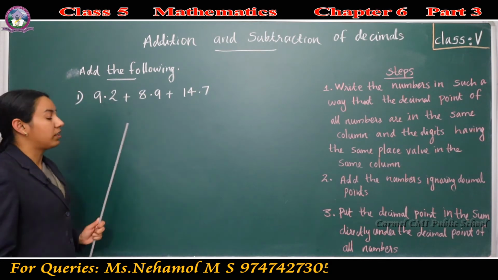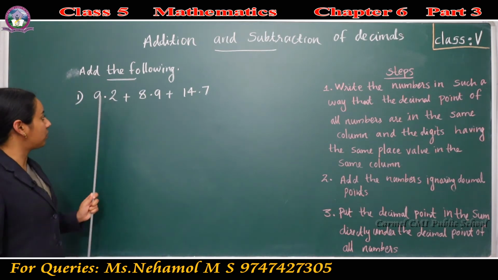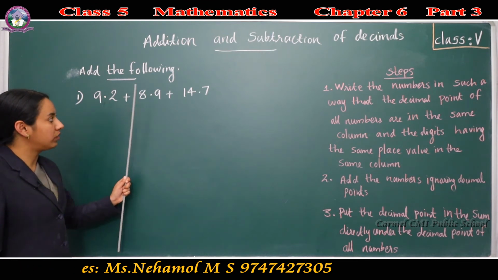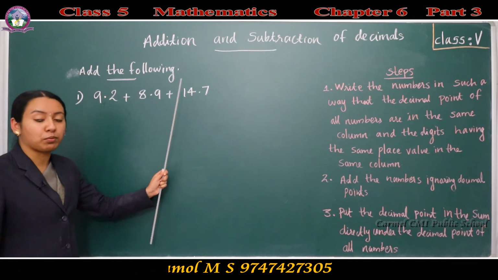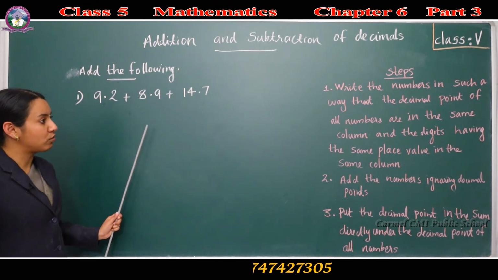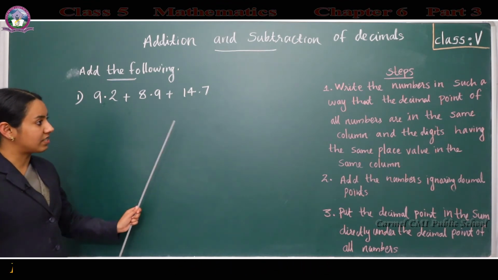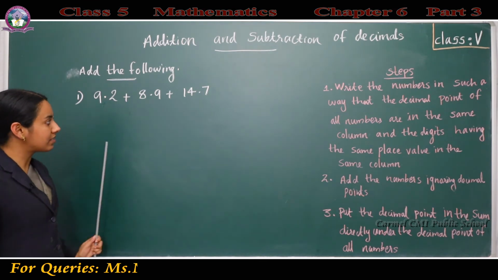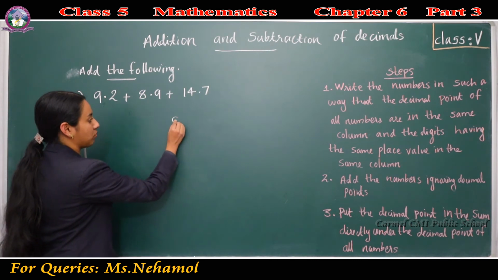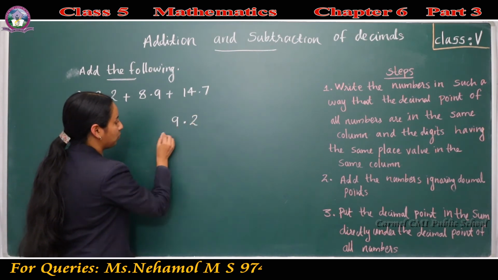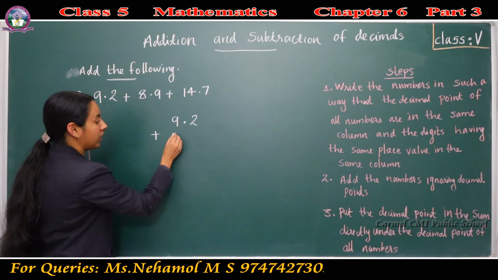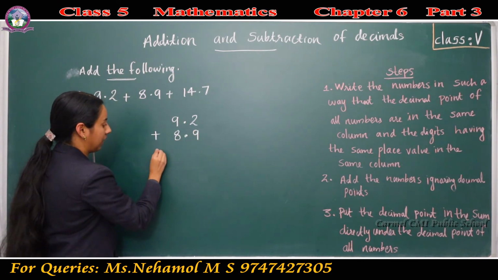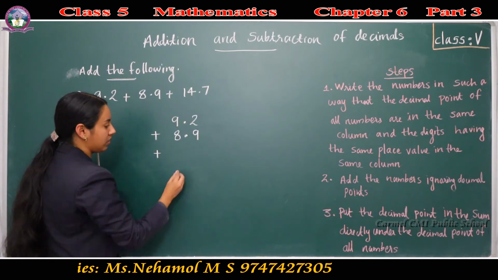We can go through one example. Add the following. First one, 9.2 plus 8.9 plus 14.7. First we have to write the numbers in such a way that the decimal point of all numbers are in the same column. So we have to write 9.2 plus second number 8.9 plus 14.7.